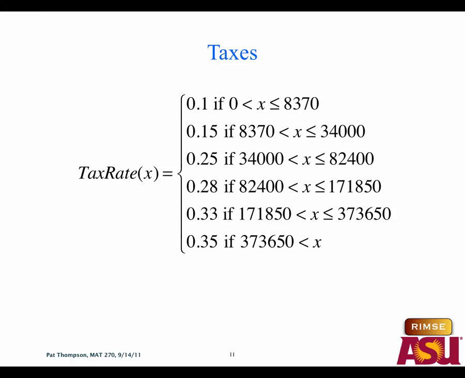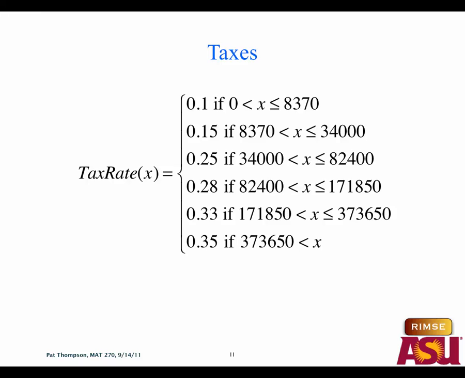So if we're looking at this right here, we put in, say, $50,000 into this, and it spits out what output? 0.25. What does that 0.25 mean if the input is 50,000? The tax rate. The input is 50,000, and you're getting a corresponding output of 0.25.